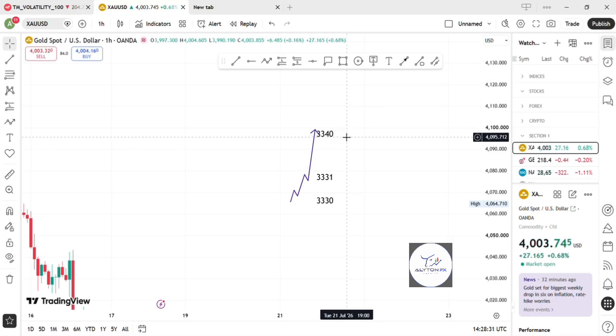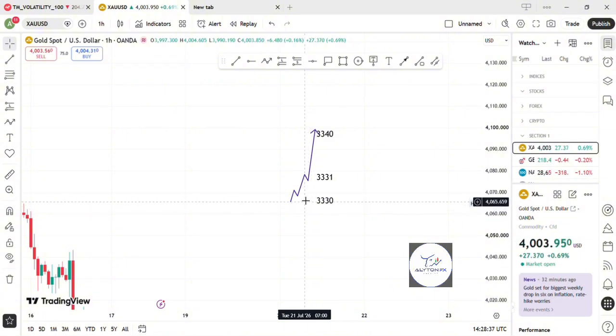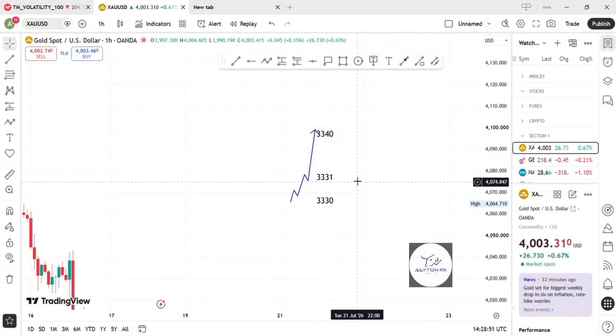That's how it is calculated. If it goes from 3330 to 3340, it means 100 pips, because from 3330 to 3331 is 10 pips, from 3331 to 3332 is 20 pips, from 3332 to 3333 is 30 pips. So we count it like that.